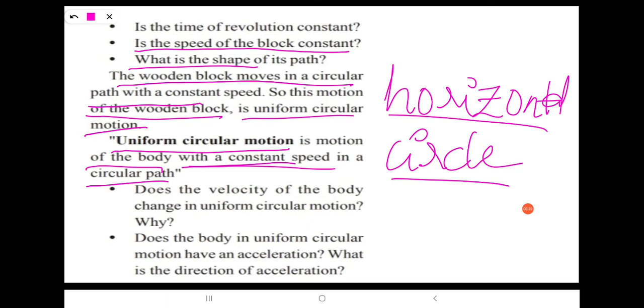Does the velocity of the body change in uniform circular motion? Why?